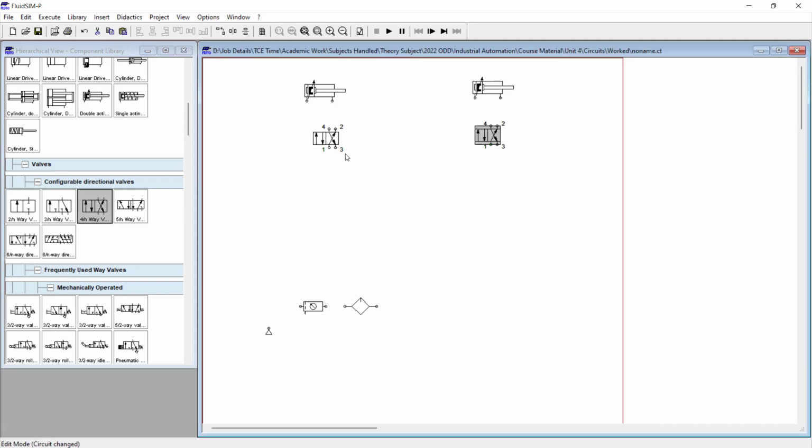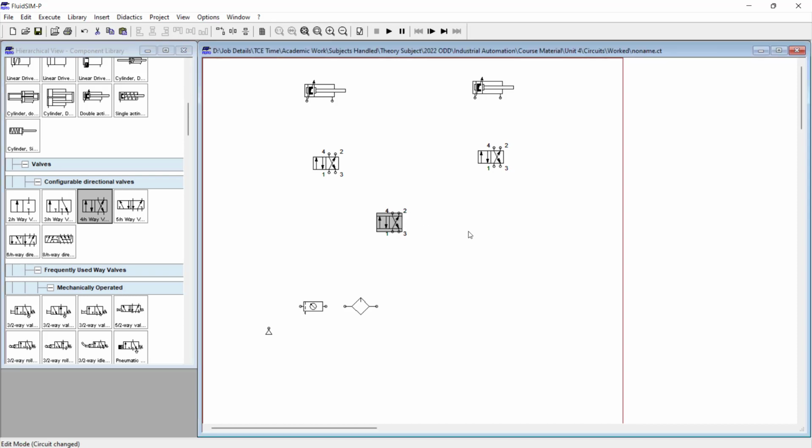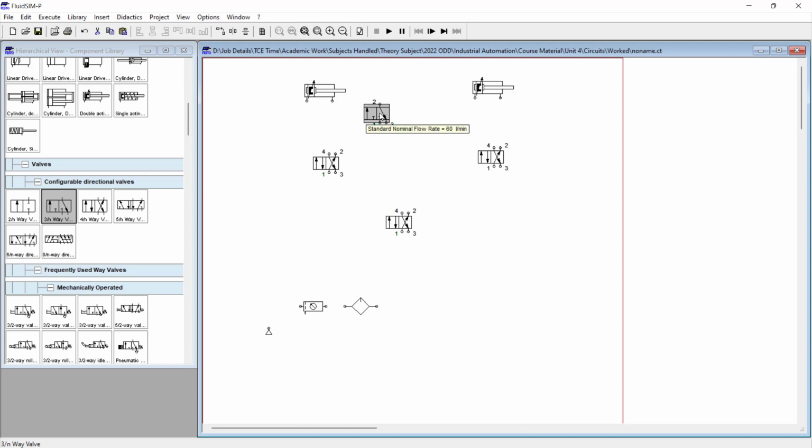For activating the cylinders, we require one group changing valve. That group changing valve is also a 4x2 direction control valve, and we require four limit switches.